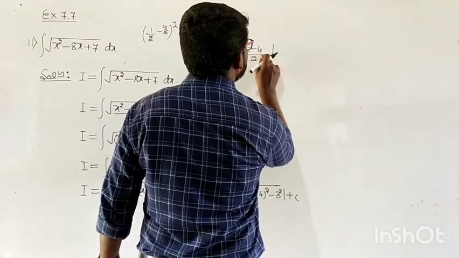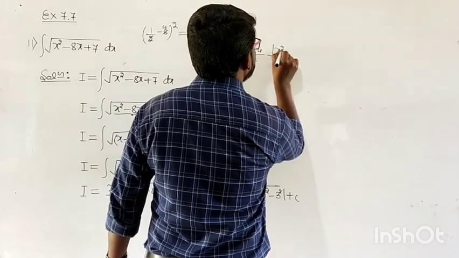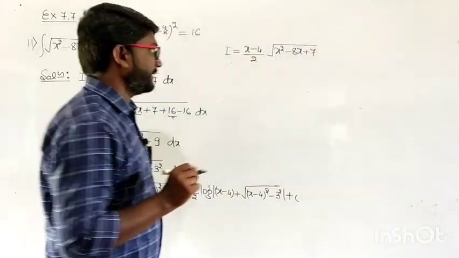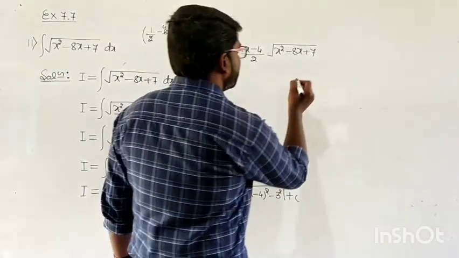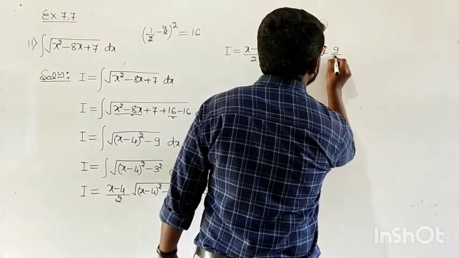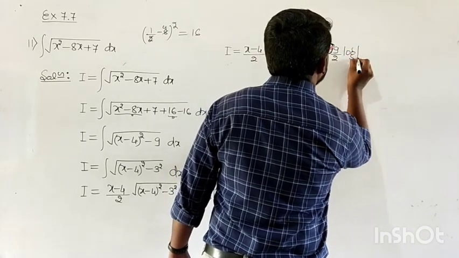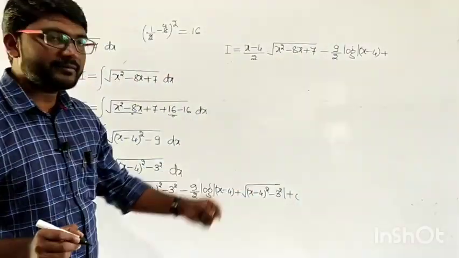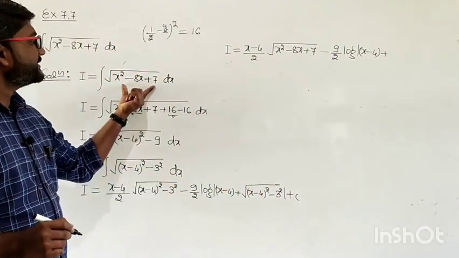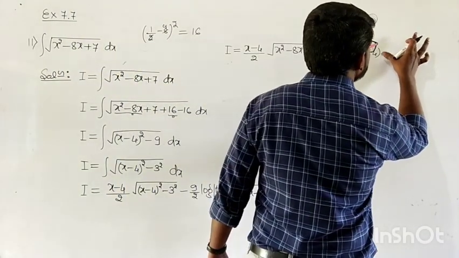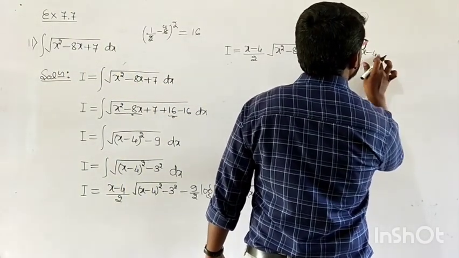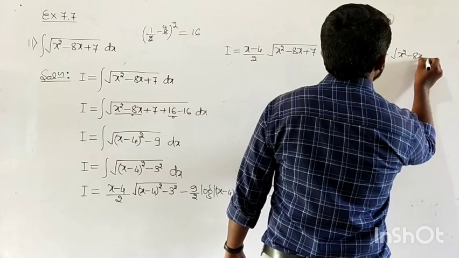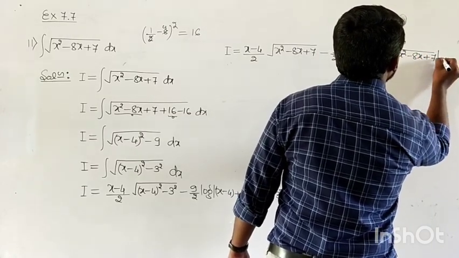So square root of x square minus 8x plus 7, then minus 9 by 2 log mod x minus 4 plus square root of, again this can be written as x square minus 8x plus 7, mod complete plus c.